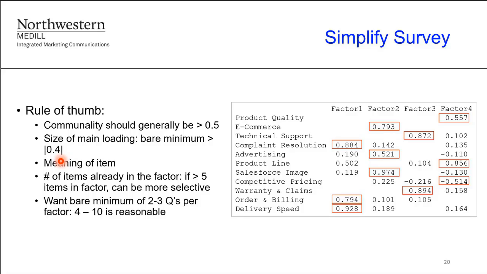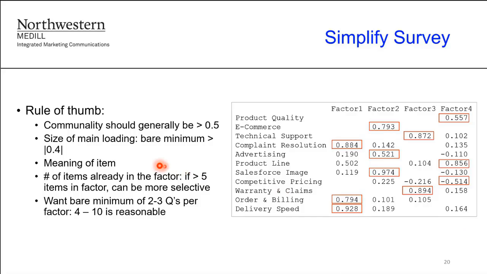If the absolute value is less than 0.4, we may want to consider dropping the variable from the survey, okay? For example, if there's a certain variable here and those factor loading values are all less than 0.4, then we may consider dropping the variable from the survey, okay?